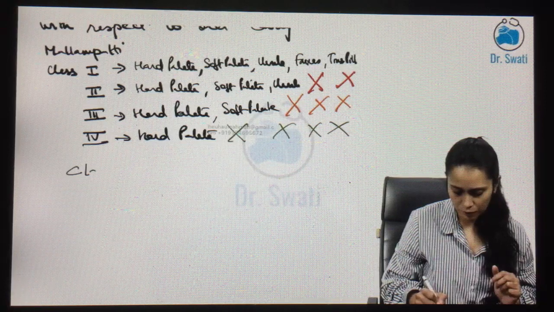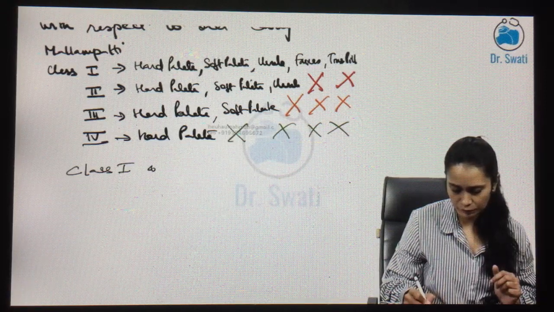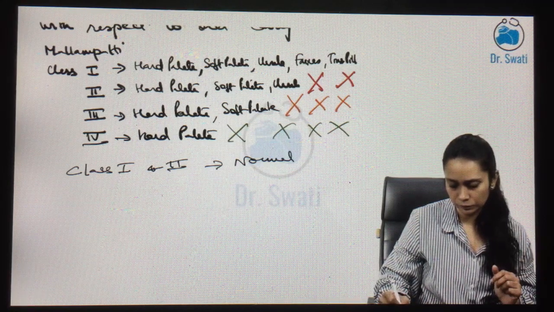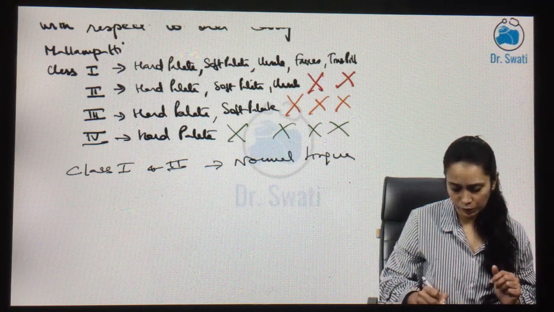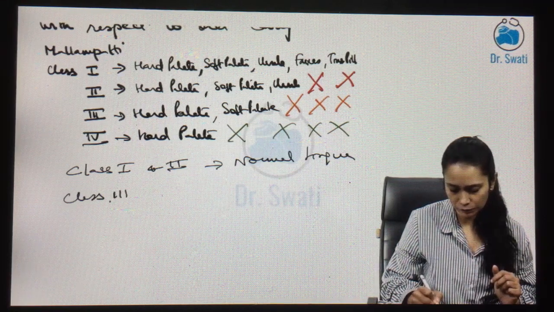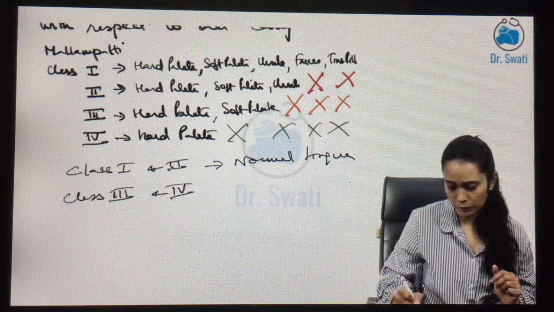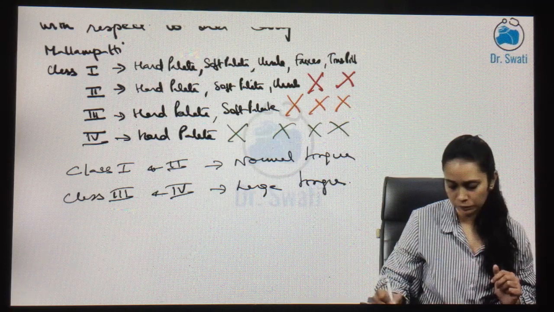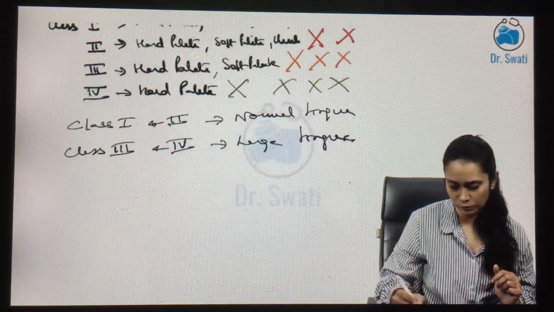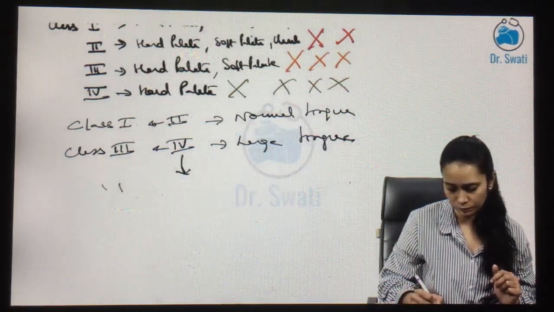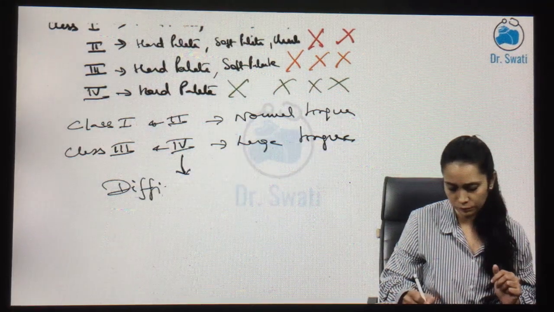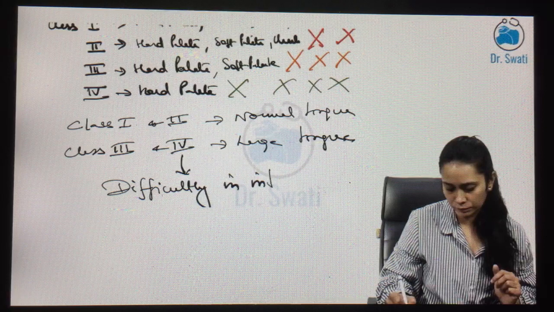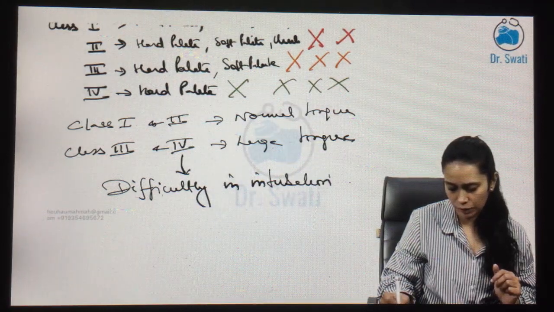Class 1 and class 2, normal tongue. Class 3 and class 4, large tongue. Difficulty in intubation.